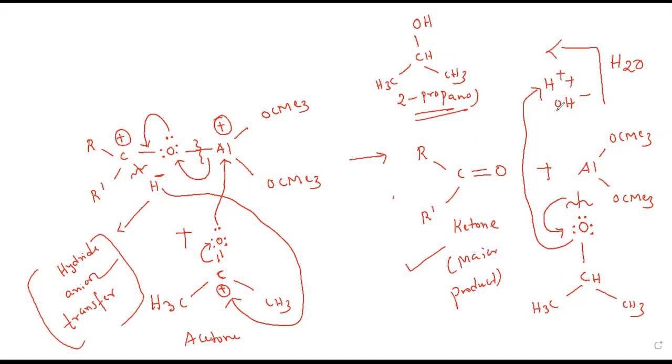So H plus ions will be generated from the water molecule, and this H plus will be taken up by oxygen to form OH. This particular product, you can call it 2-propanol, which is a byproduct in the Oppenauer oxidation. So this is a 2-step mechanism to understand the Oppenauer oxidation reaction.